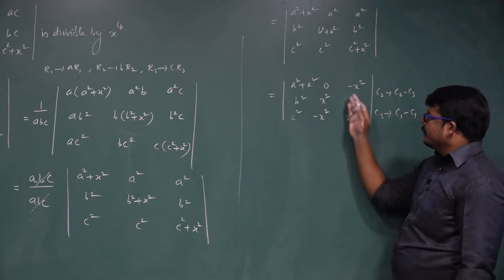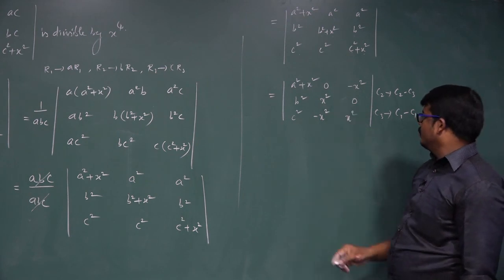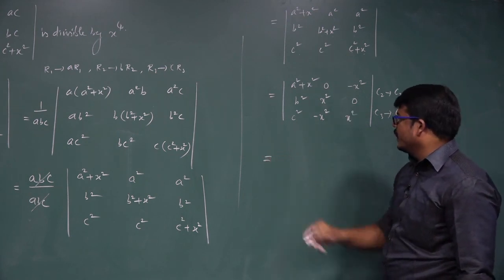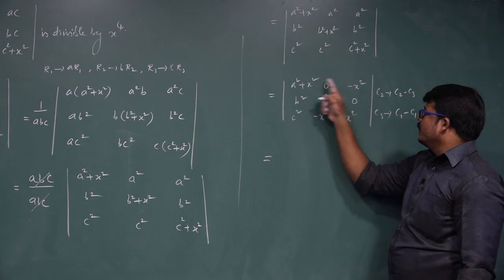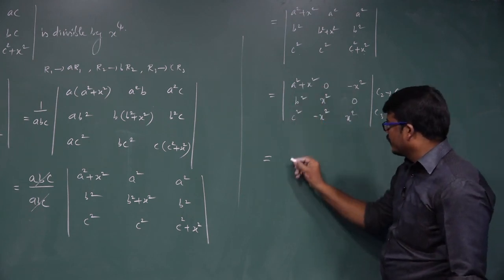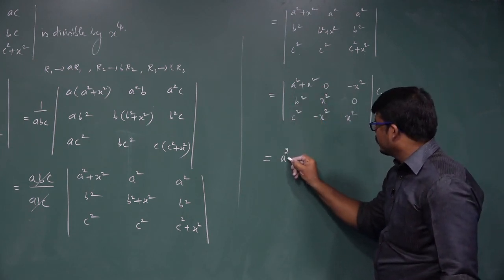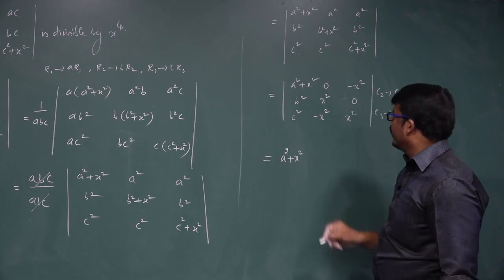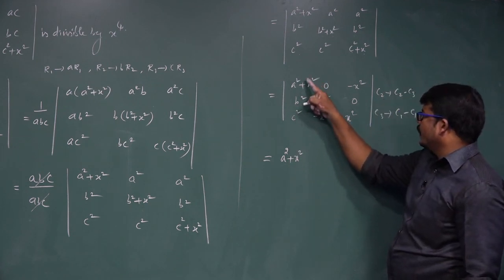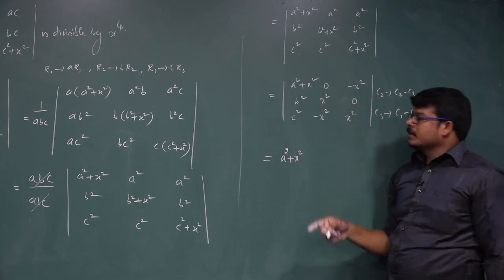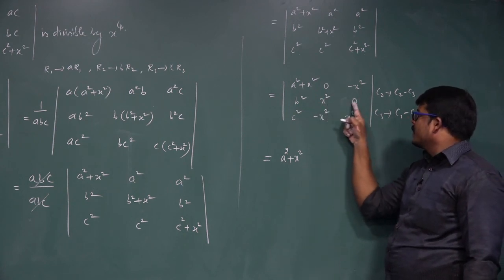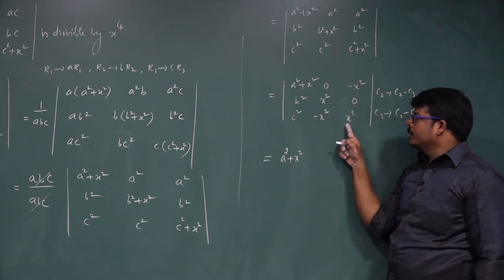Now expanding the determinant, row wise or column wise, any one. Taking row wise, first taking the element a square plus x square, its column and row are eliminated, and we get the minor matrix x square, 0, minus x square.